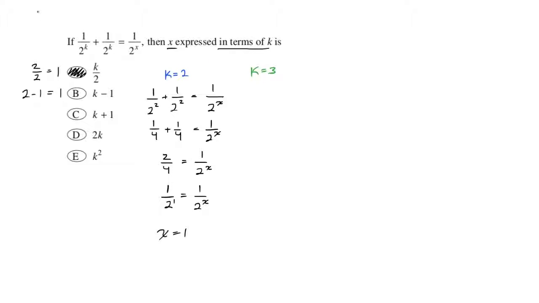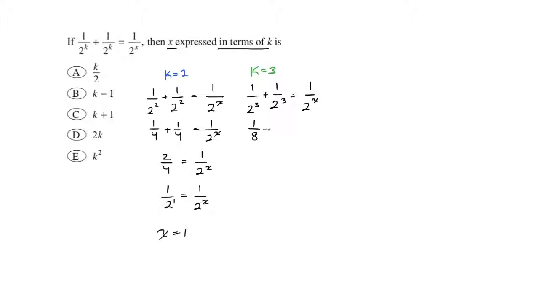All right, so if k equals 3, let's get rid of this stuff now. If k equals 3, we're going to have 1 over 2 cubed plus 1 over 2 cubed is equal to 1 over 2^x. Now 2 cubed is 2 times 2 times 2, which is 8.